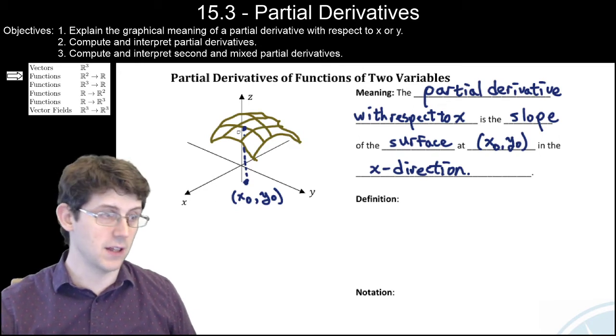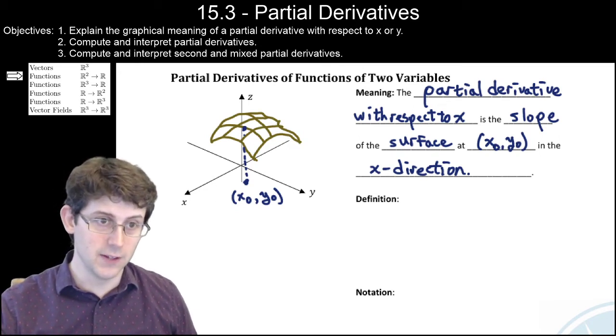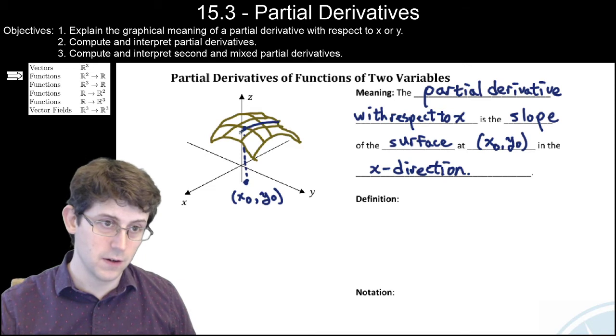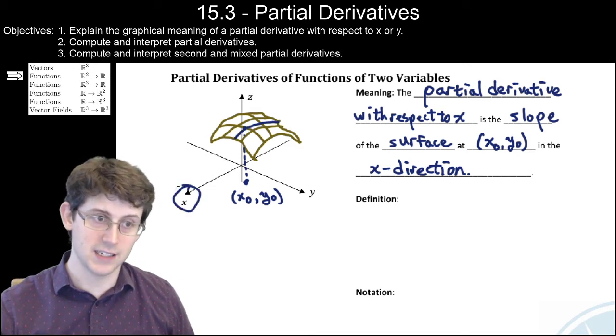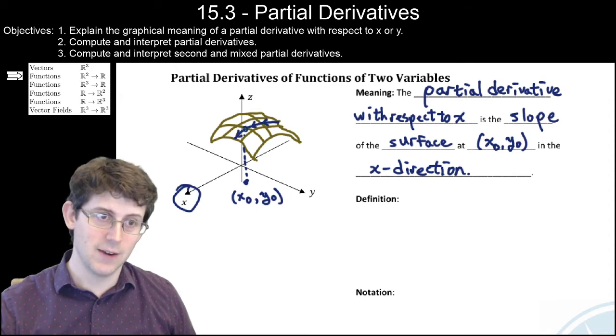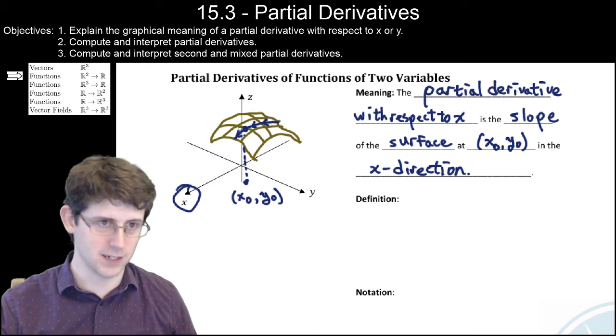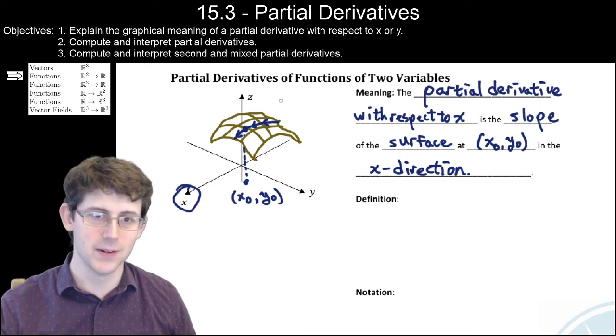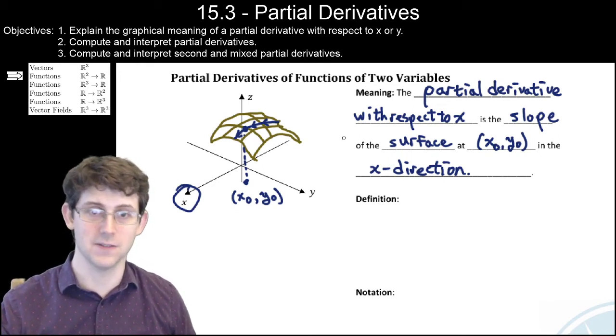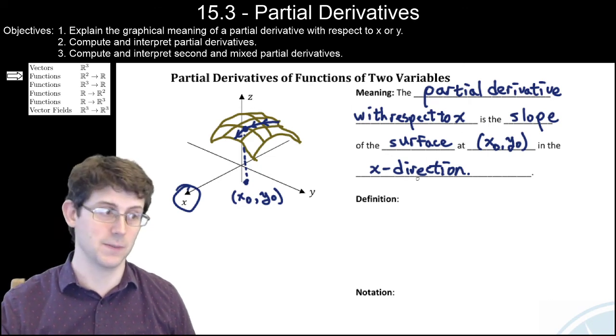So on this picture that we have in the notes, you would follow this curve, because this curve heads in the x direction. And you'd say, okay, now I have a curve, and I want to know at this point, what is the slope? For my weird picture, maybe the slope is slightly angled down. So I might get a slight negative answer for the x partial derivative.